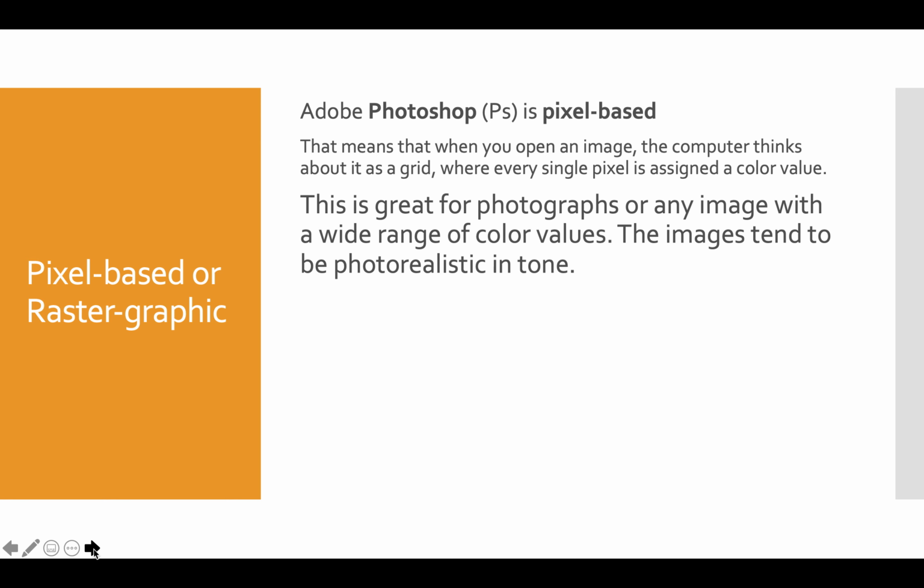We tend to get really good photorealism. That's why it's called Photoshop. So it's kind of in the name. So when you're wanting something to look realistic, when you're wanting to work with photography, you're often wanting to work in a program that allows you that much level of specification.